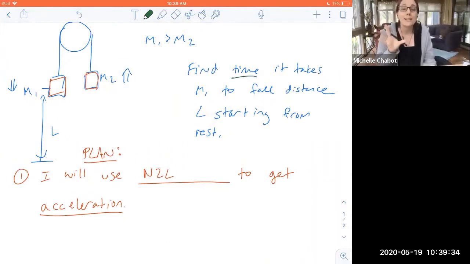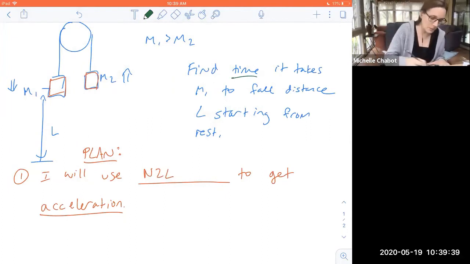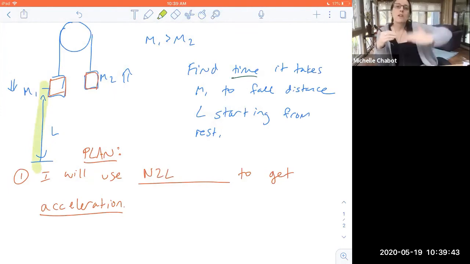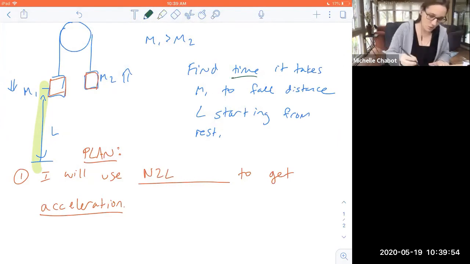So acceleration is useful because then we can go back and we would just simply have our 1D motion for M1. If we knew the acceleration of M1 and it started from rest, what time does it take to fall a distance L? Well, that's just a very simple constant acceleration 1D motion problem.